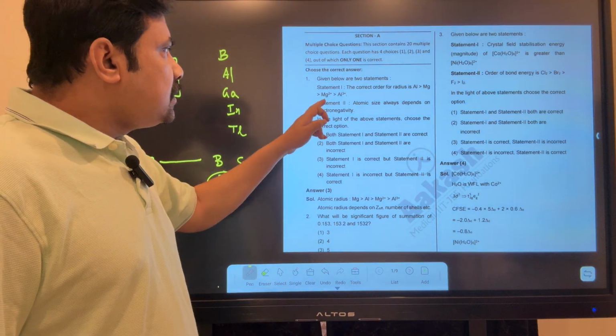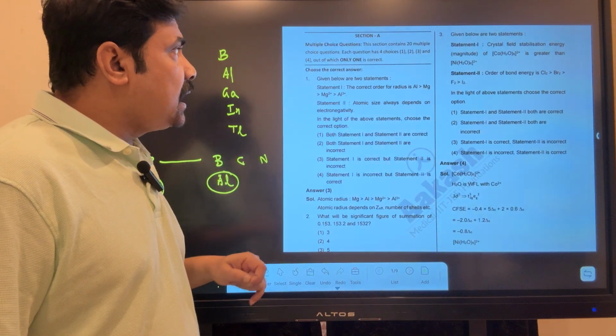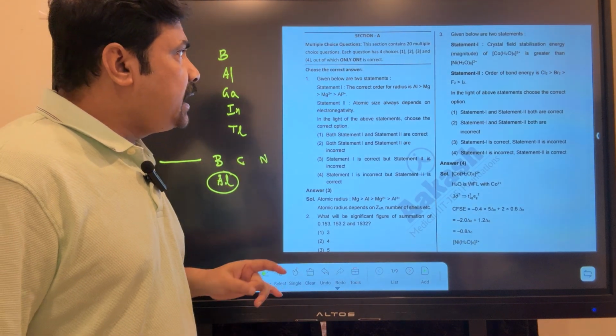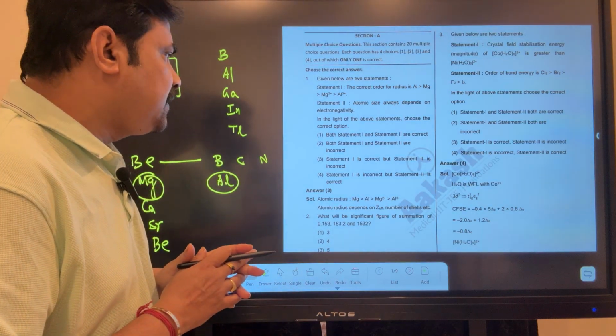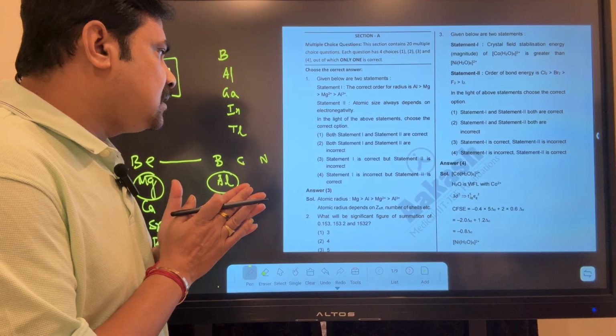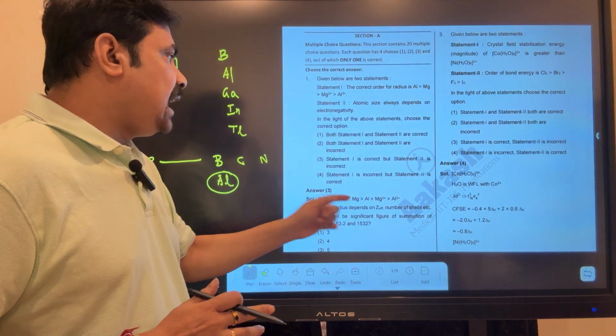So the idea is left to right size will decrease, as Z star effective will increase. So atomic radius of magnesium is greater than aluminum.